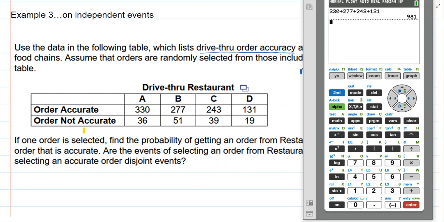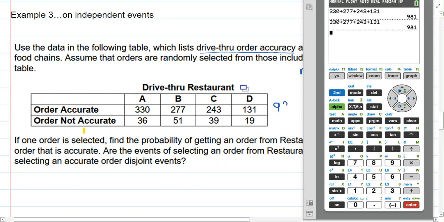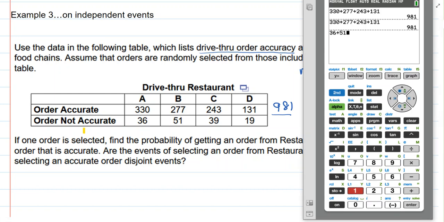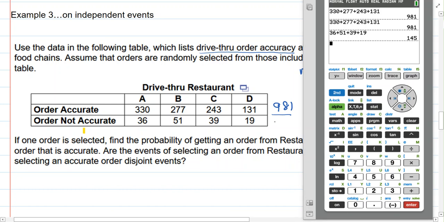Let me look at it. 330, 277, 243, 131. You know how sometimes I get a wrong sum. And then those are orders that are accurate. Total orders that are accurate are that number. Double verifying. 36 and 51 and 39 and 19 were orders that are not accurate, the complement of it.